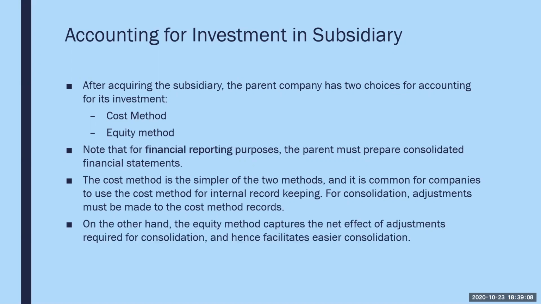On the other hand, the equity method captures the net effects of adjustments that are needed for consolidation, and one could argue that maintaining records following the equity method possibly makes for easier consolidation, or at the very least, the separate company books of the parent company will reflect the outcome of consolidation as well. So users may find the equity method a little more informative compared to the cost method.